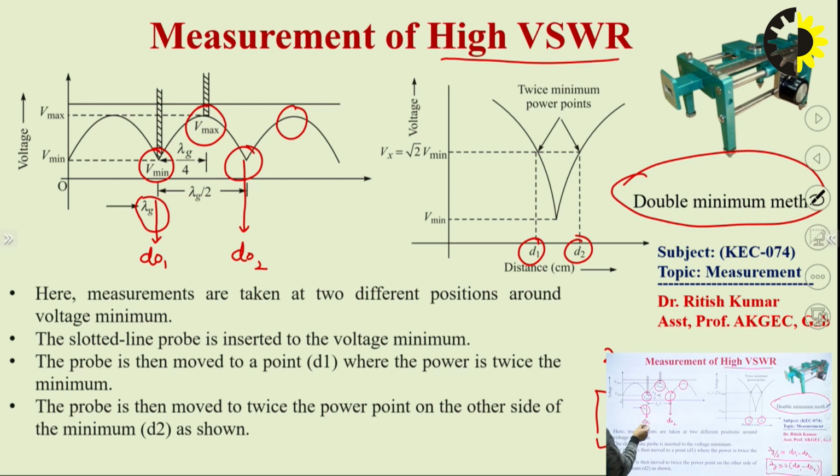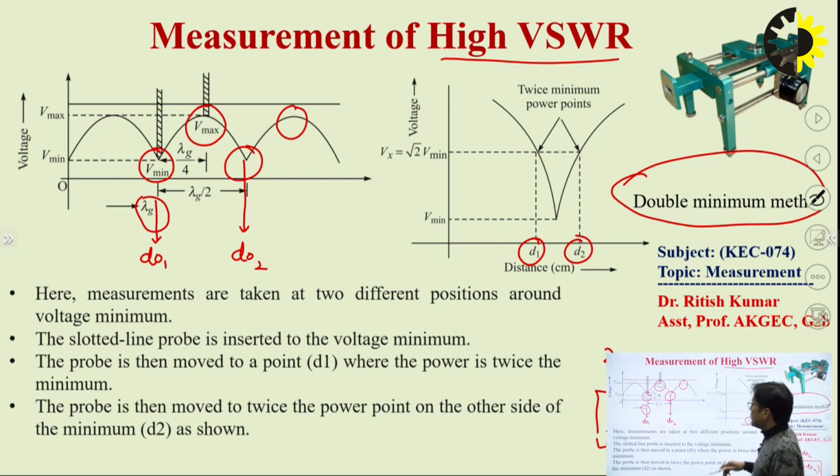Now here I am considering the two minima. If I consider the two maxima, then what will happen? In that case, again the distance between two maxima would always be equal to lambda g by 2, so lambda g by 2 again equals d naught 1 minus d naught 2.